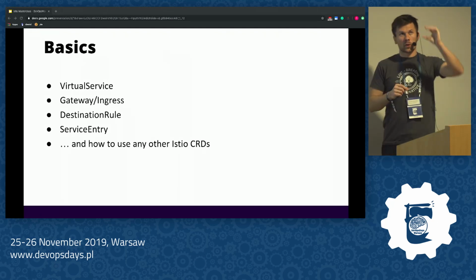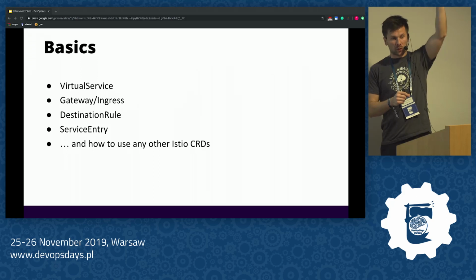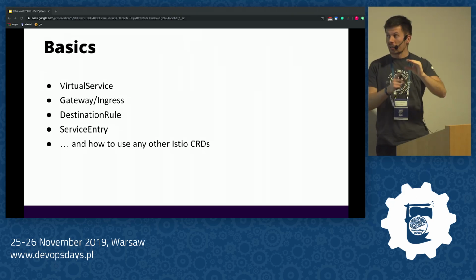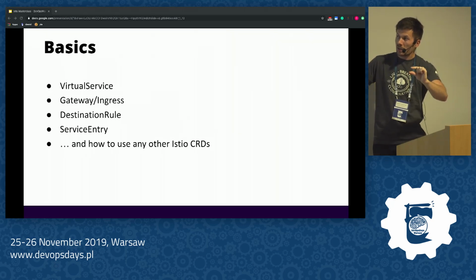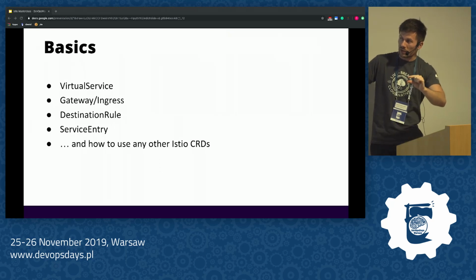So the traffic coming from the internet goes to the gateway, then it hits the virtual service, which sends it to the Kubernetes service, then it goes through the destination rule, and then to the container.